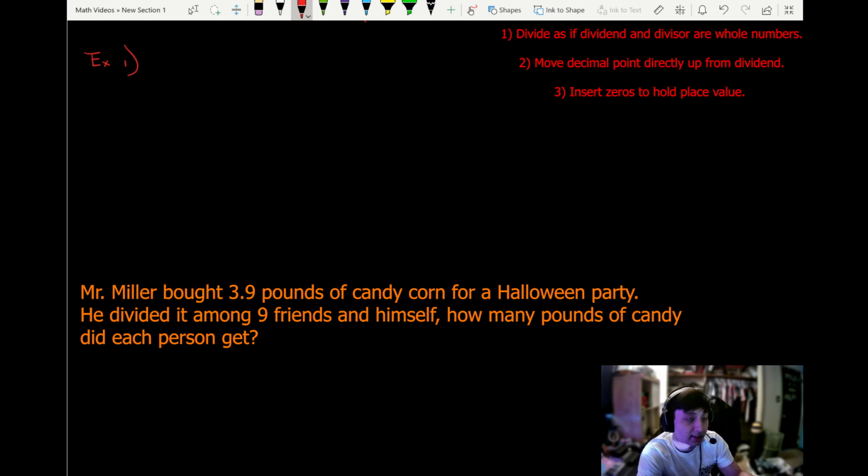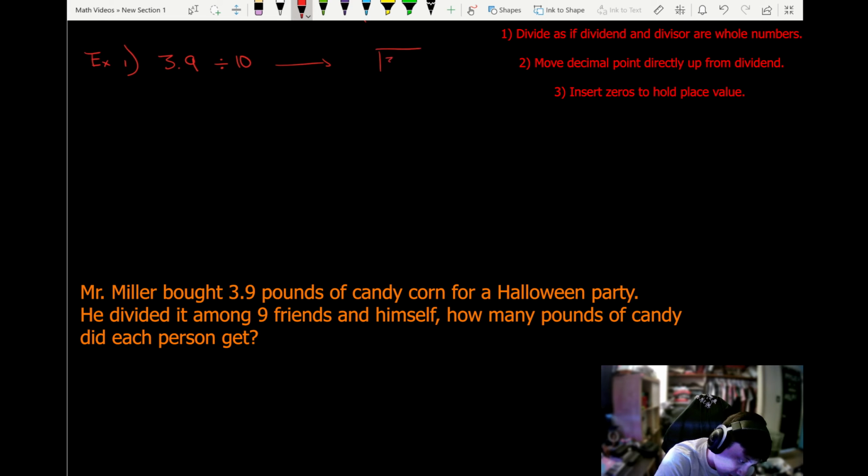So if I'm sharing it across 9 friends and myself, that's 10 people, right? If I have 3.9 pounds of candy across 10 people, and I divide the amount of candy by the amount of people, then I'll get pounds per person, like a unit rate.